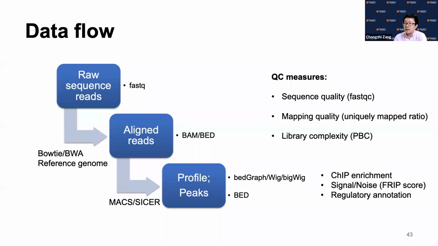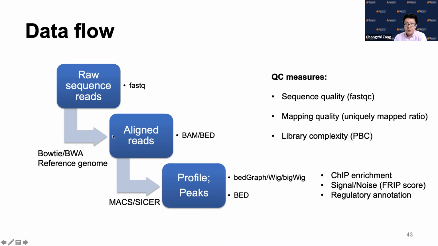The data processing also involves transformations between different data formats. During the data analysis, we start with the raw sequence reads in FASTQ format, and use the sequence alignment tools that I mentioned, with the reference genome information, to get the aligned reads.